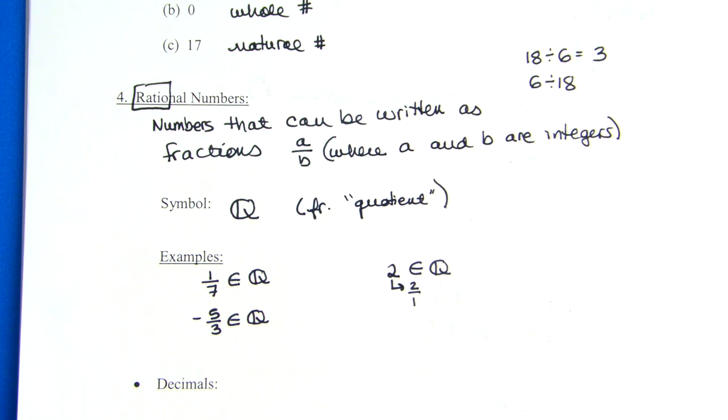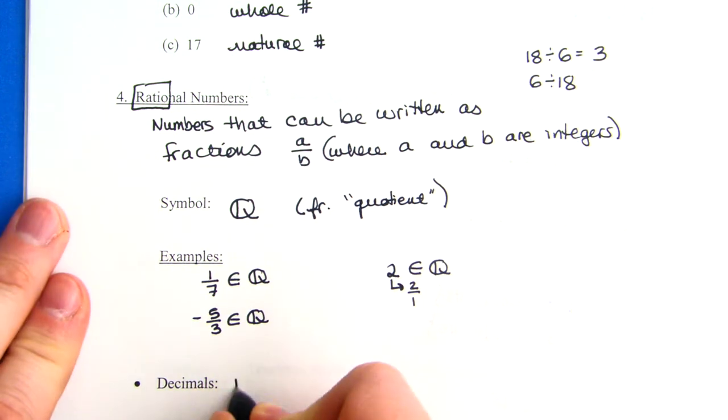Now, before we move on, let's talk about decimals for a moment. There are 2 types of decimals that are examples of rational numbers. Decimals that either terminate or repeat are rational numbers.